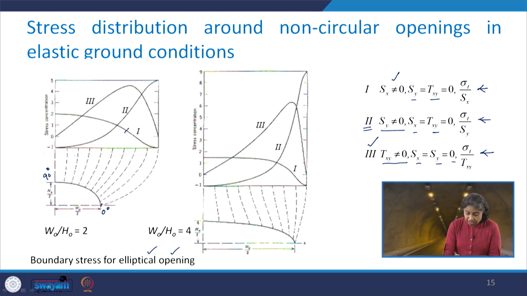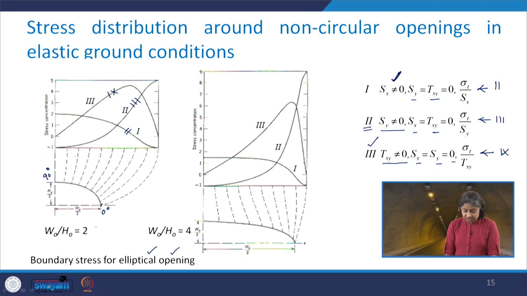This curve corresponds to the first condition, this is for the second condition and this is for the third condition. So likewise, in a similar way we are going to discuss the boundary stress for different types of openings.